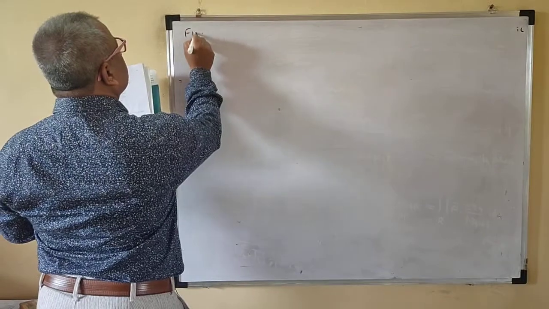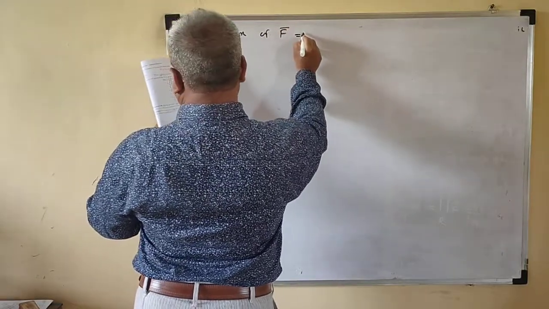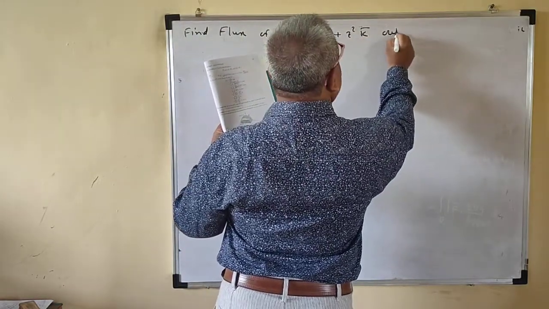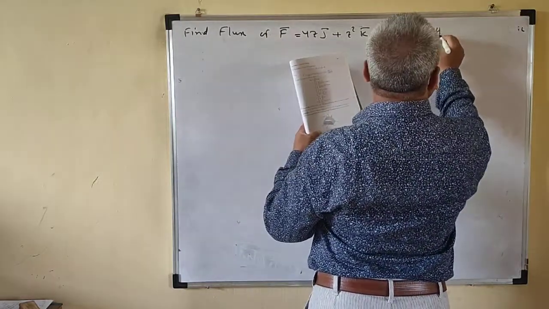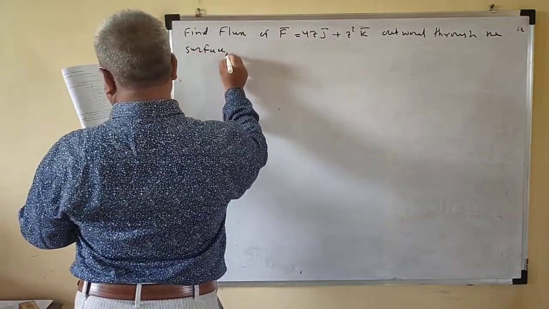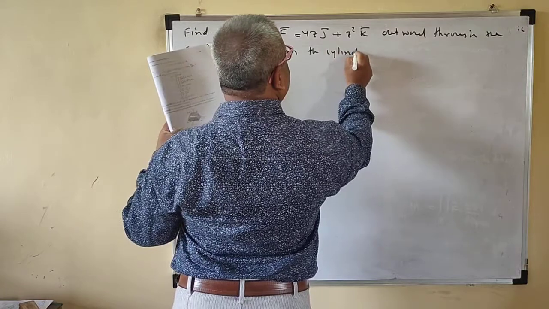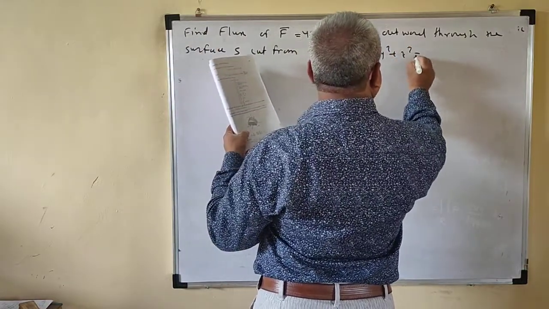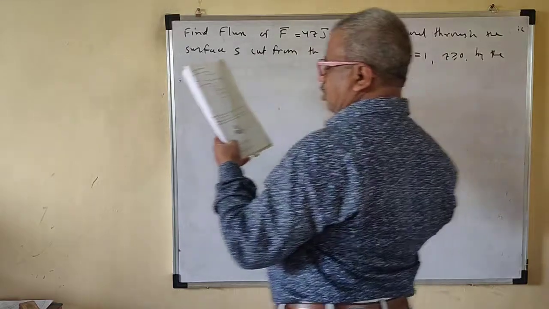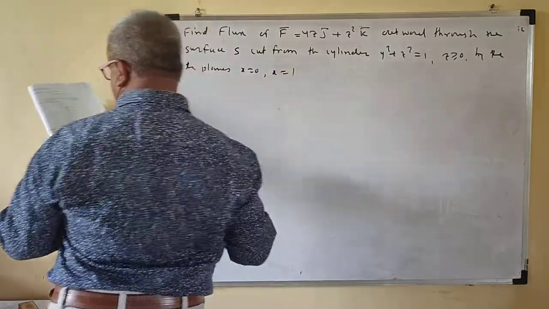Now find the flux of F bar equal to yz j bar plus z square k bar, outward through the surface cut from the cylinder y square plus z equal to 1, z greater than 0, by the planes x equal to 0 and x equal to 1.